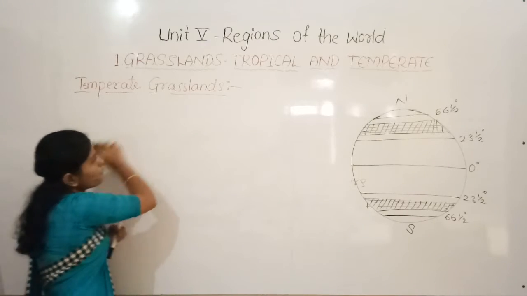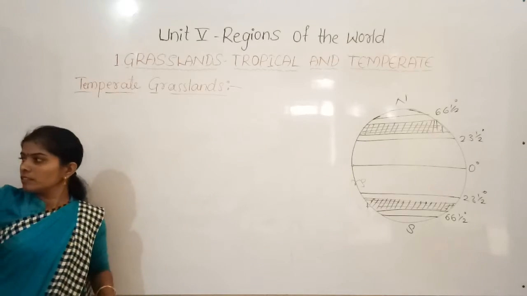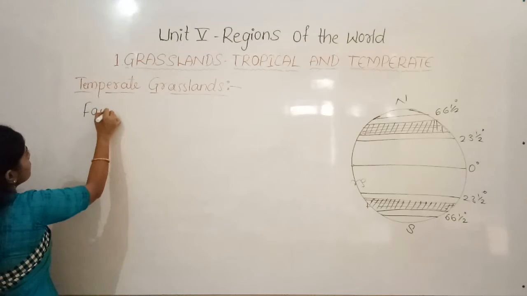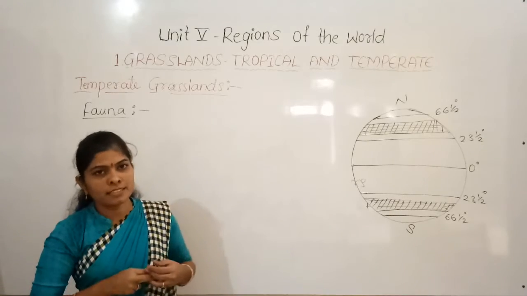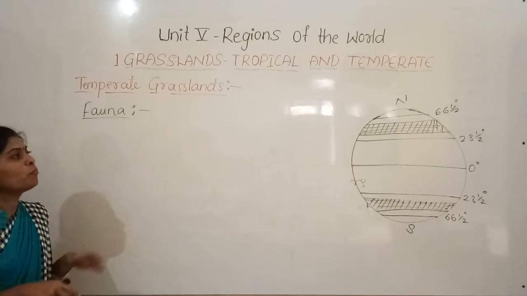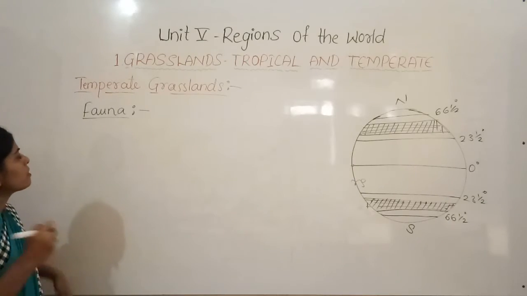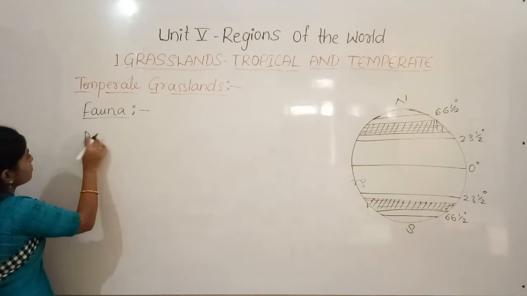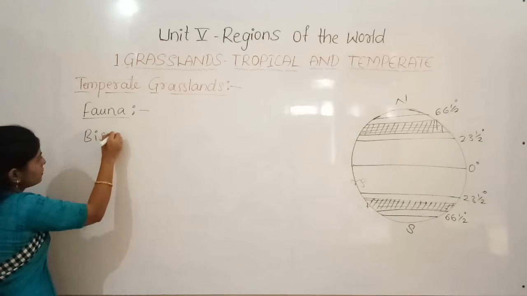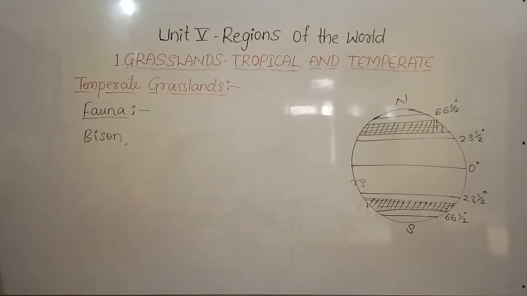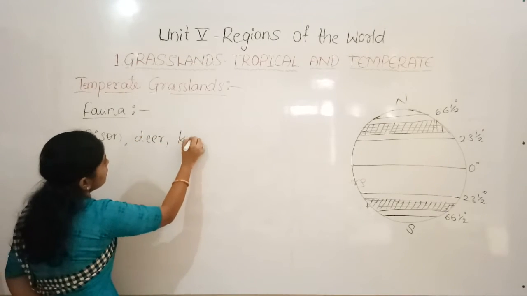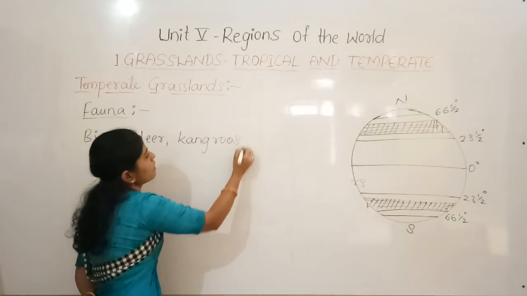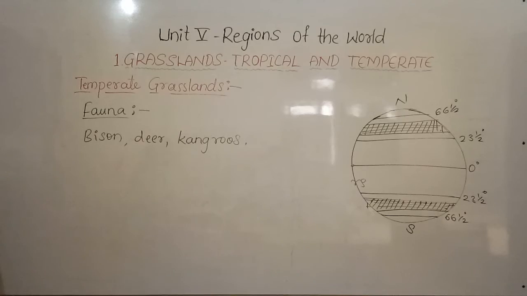The animals. Fauna. Since these grasslands are dominated by grasses, the grass is abundant here, and among the grazing animals we can see the bison, deer, kangaroos, and the pronghorn.